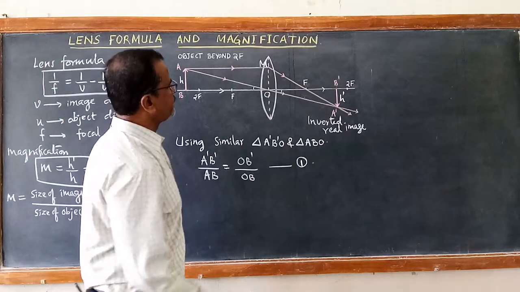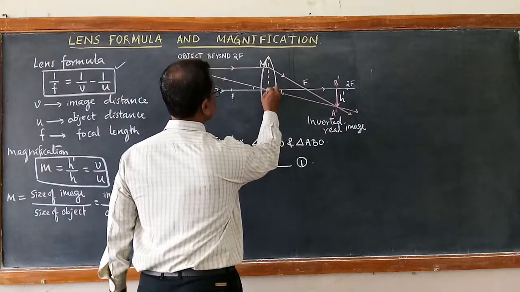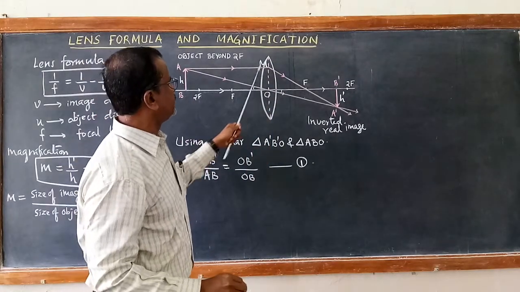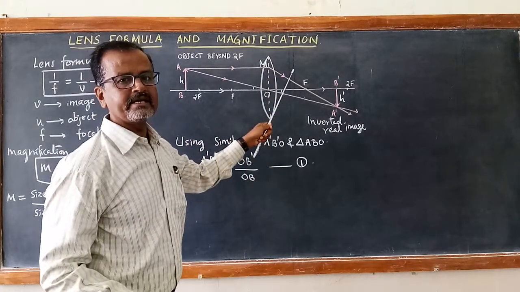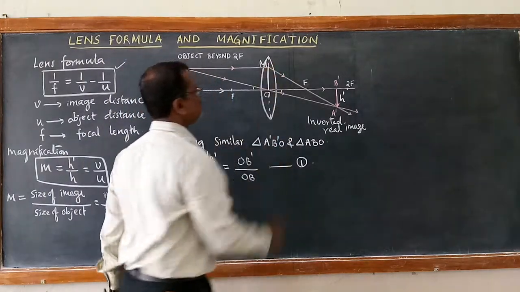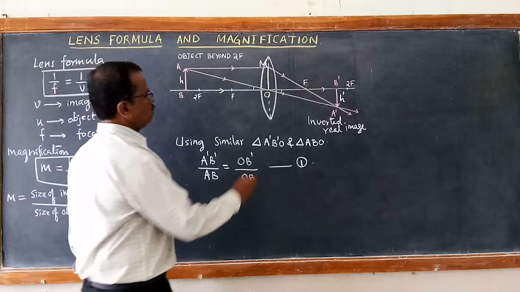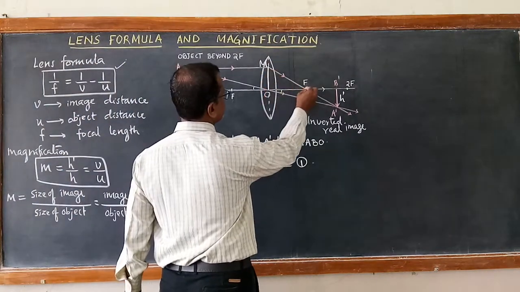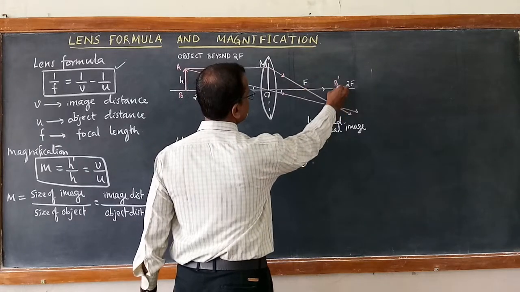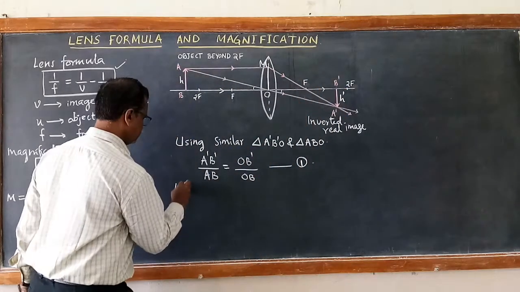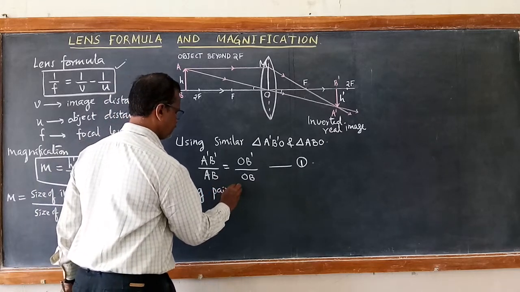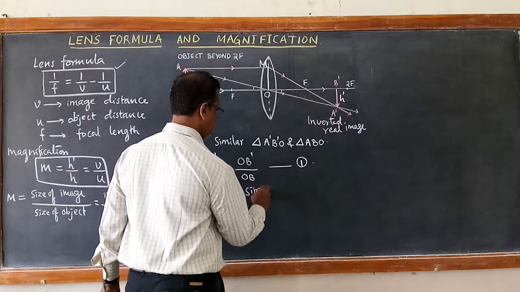This is one pair of similar triangles. Now look at another pair of similar triangles. I am considering this point where the ray of light, the travelling ray of light, is incident. I am calling that point as M, so that I can draw this as OM, perpendicular. So I am considering another pair of similar triangles MOF and A'B'F.